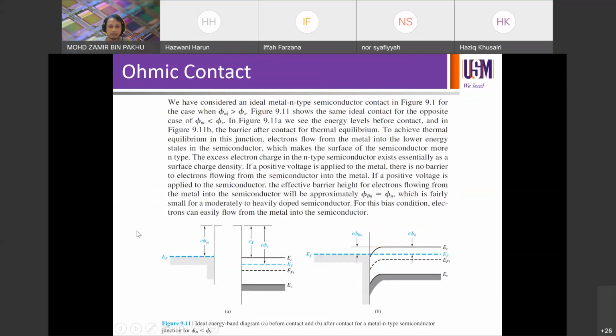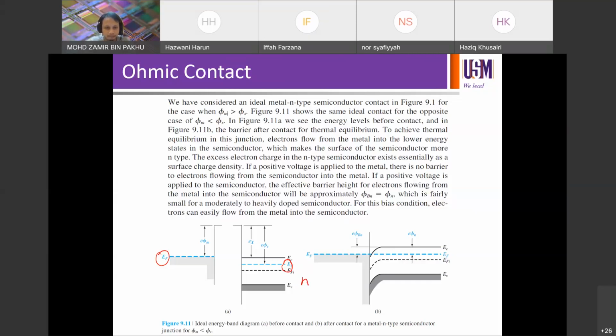If you look at this, first look at the EF. The EF of the metal is now higher than the semiconductor. Just now, when we talked about Schottky, it was in the opposite direction. The EF for silicon is close to EC, so it's N-type.